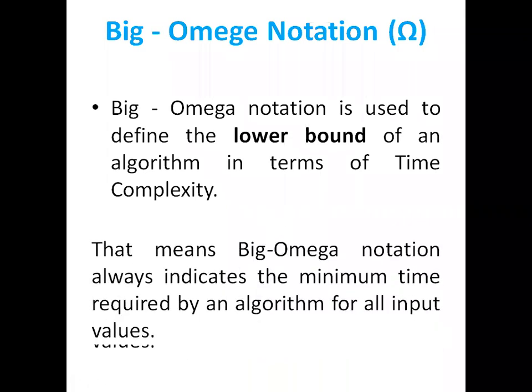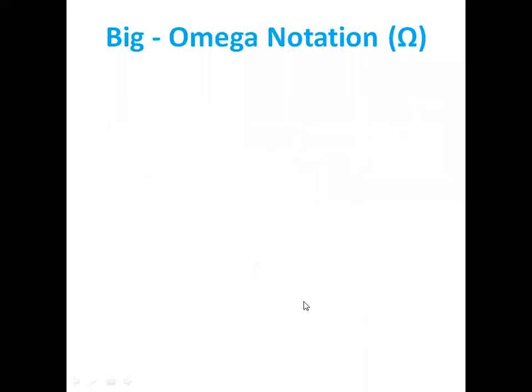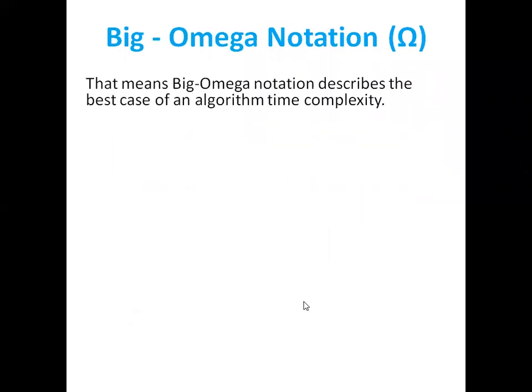That is, the big OH notation always indicates the maximum time required by algorithm, whereas big omega indicates the minimum time required by the algorithm for all input. That is, it describes the best case time complexity of an algorithm.